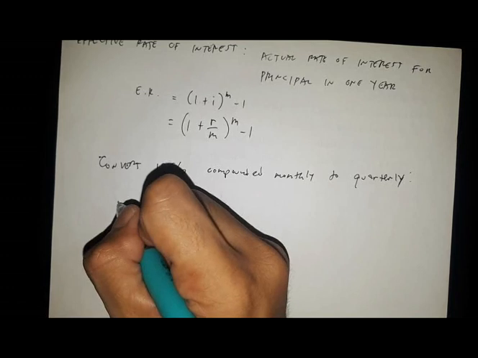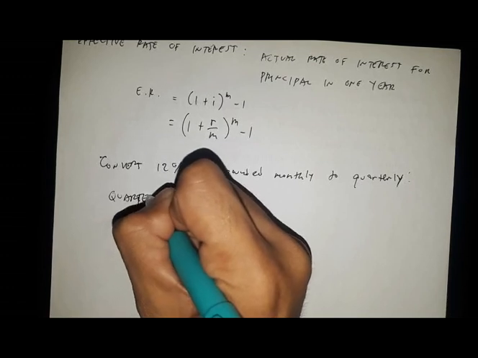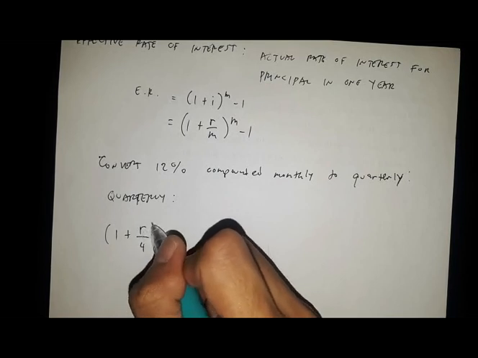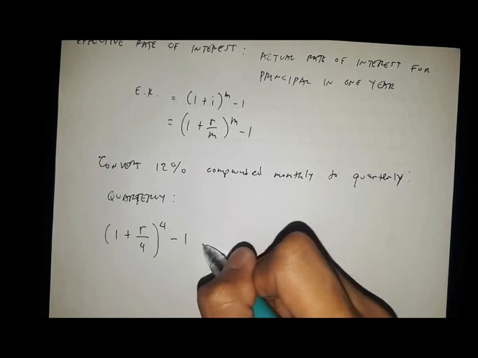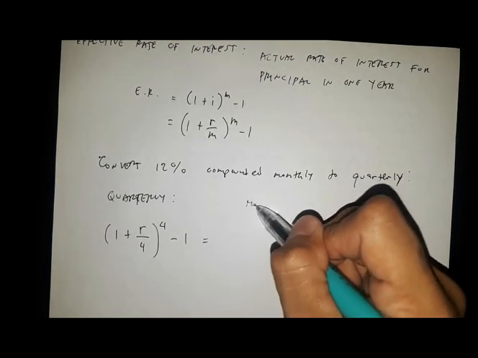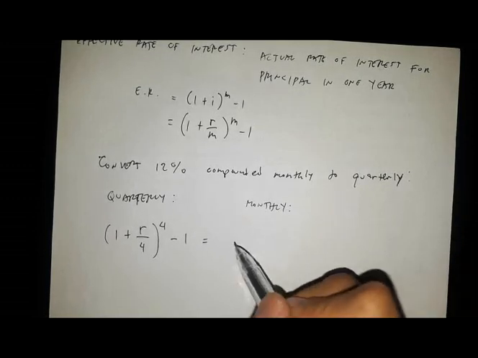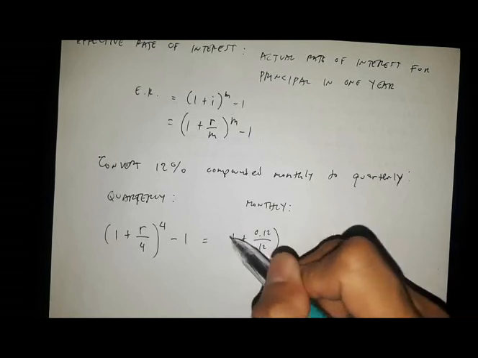So for quarterly, we have the effective rate of 1 plus the nominal rate divided by m of 4, raised to 4, minus 1, is equal to, for monthly, 1 plus 12% over 12, raised to 12, minus 1.